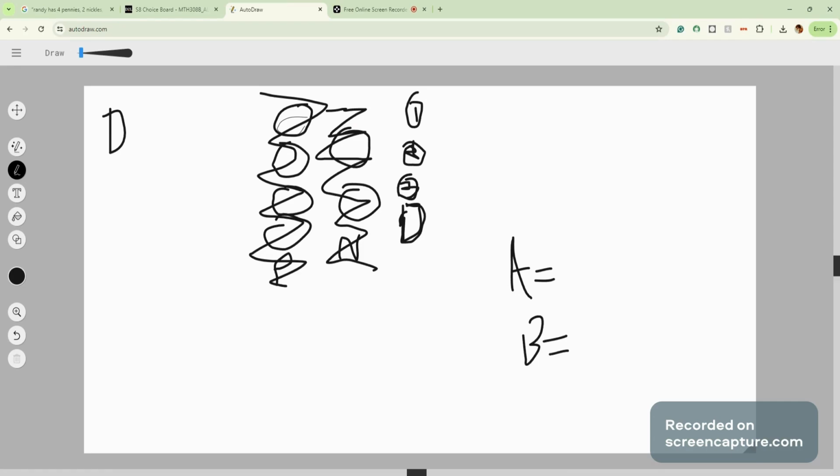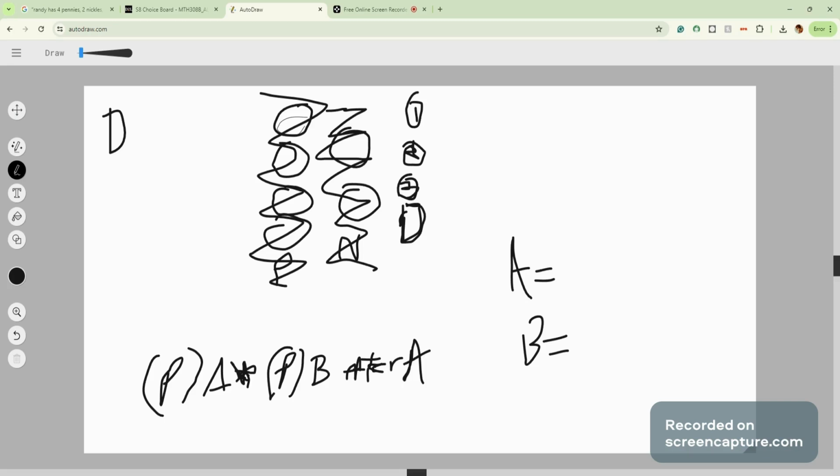Now that we know that, we can already write our formula, and it's that the probability of A times, that is a very interesting star side, times the probability of B after A. And basically what they mean by after A is that when we have our 3 coins, which we can write as a fraction over here, our 3 coins out of the 9 coins in total, and after we take 1 of them away, we're going to end up with 2 that we have, and the total number of coins decreases.